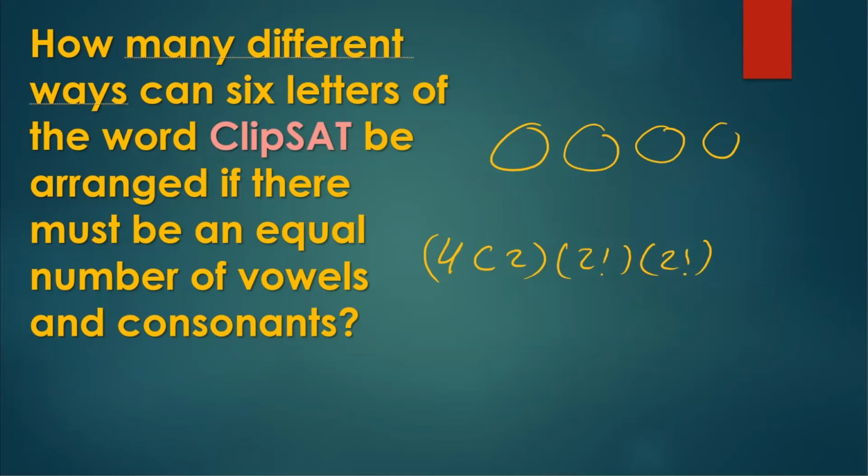So for vowels, it will be 2 times 1, and for the remaining consonants, it will be 2 times 1. And which 2 places for vowels doesn't require a certain position, so we have 4C2 of positions. So that will be 6 times 2 times 2. You can find that out, 24. Okay.